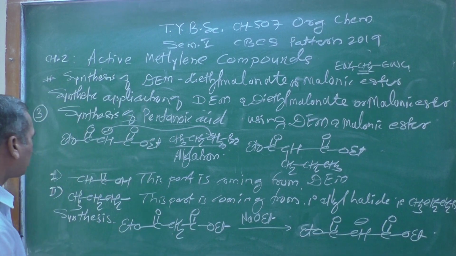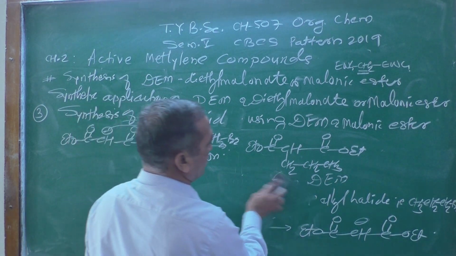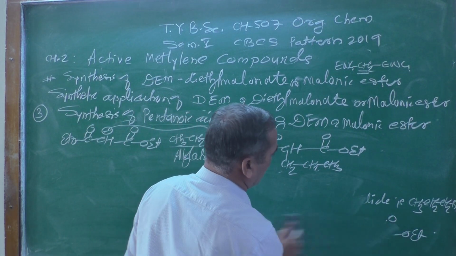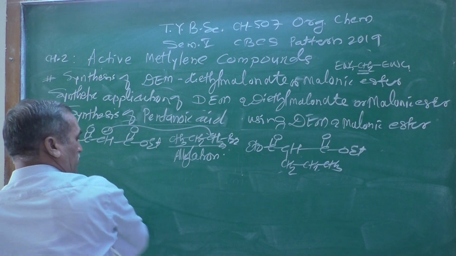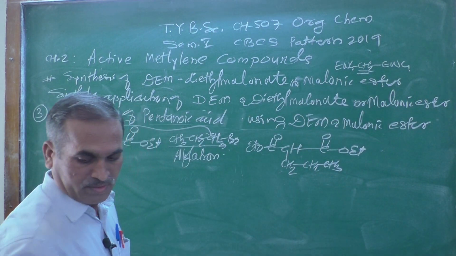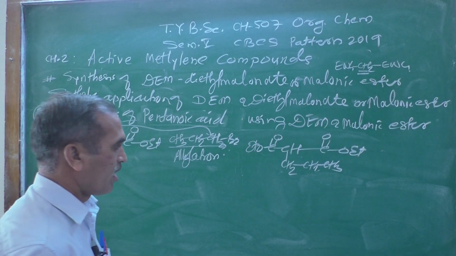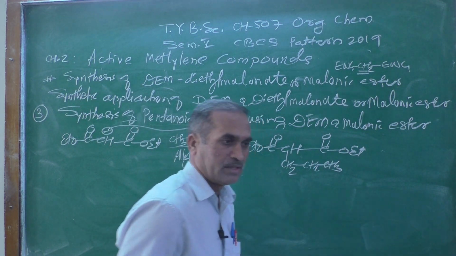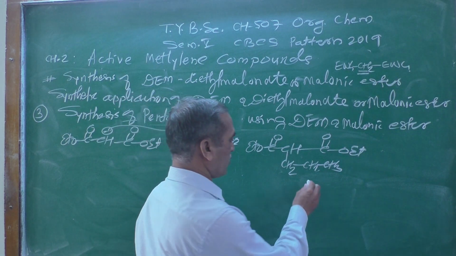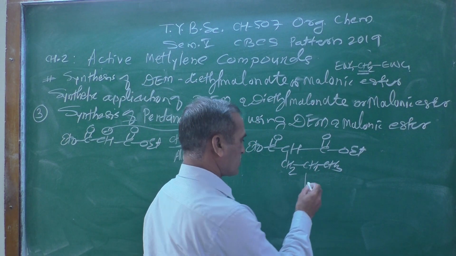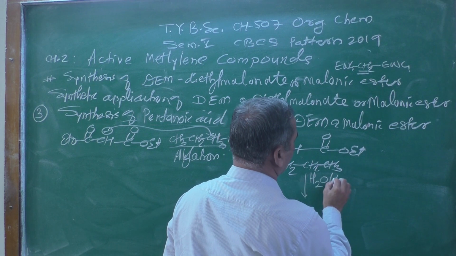After that, let us see the next point which we are discussing. This is the structure which we got. After the alpha-substituted diethyl malonate, or the malonic ester, the next step, usually we use H2O in the presence of H+.